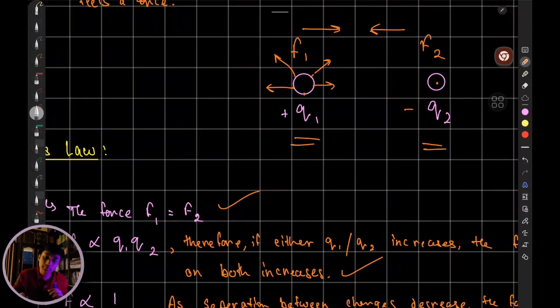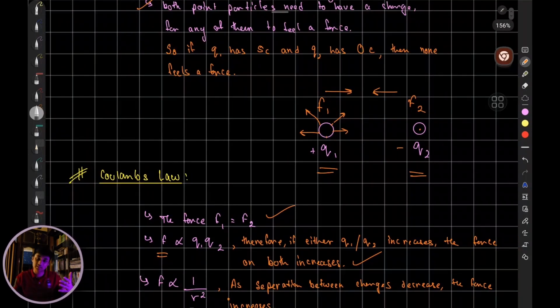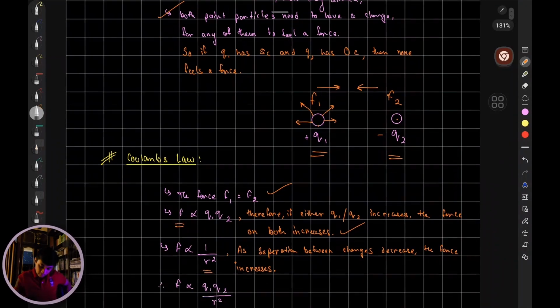So we can make that assumption that these are point charges since the arrows seem to meet at a center point. The fields seem to meet at a center point, and it feels like the field lines are escaping from this point. Okay, so where were we?